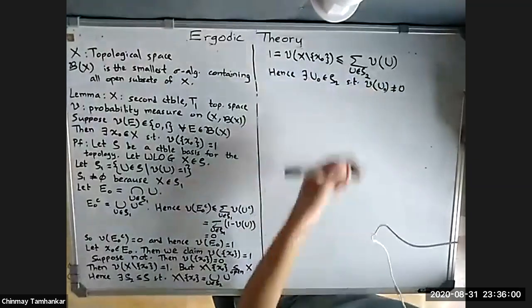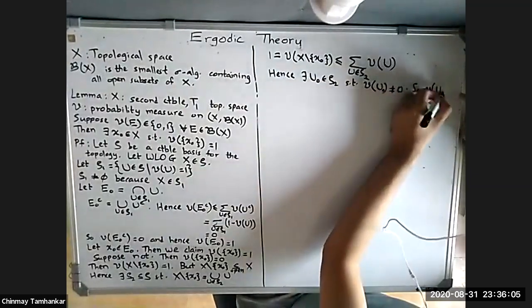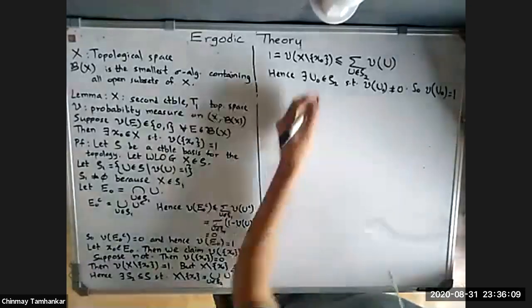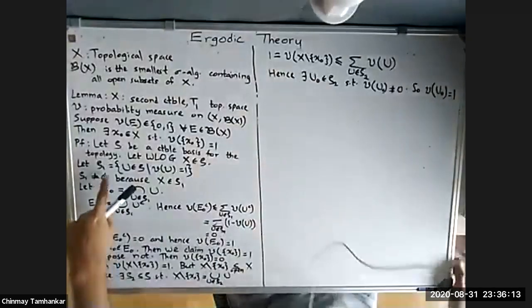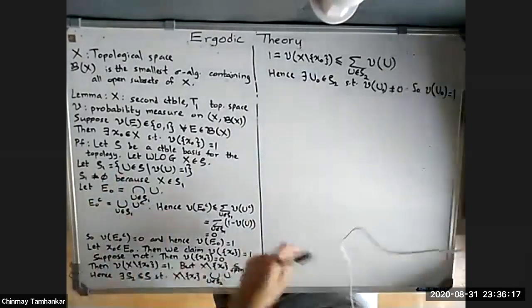But hence nu of u naught will be 1, since every set has measure 0 or 1. So then u naught will belong to this S1, since that is how S1 is defined.